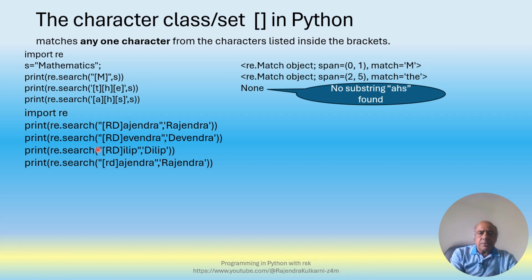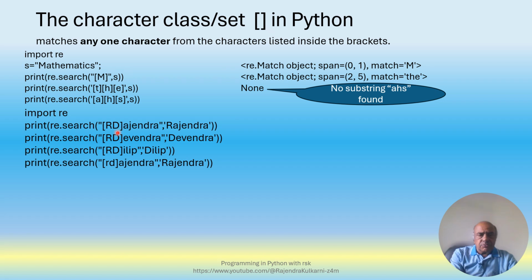Another example is re.search with square brackets, capital R, capital D and A, J, E and D, R, A. So what it is going to match is either Rajendra or, in the second case, Devendra.